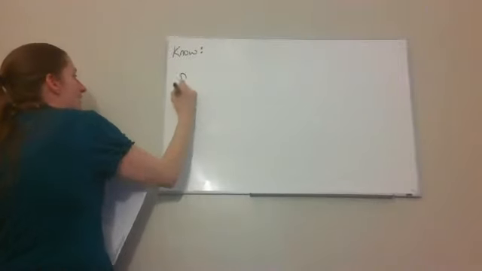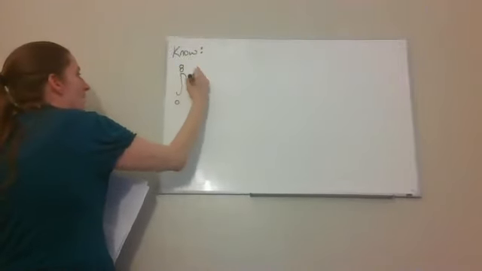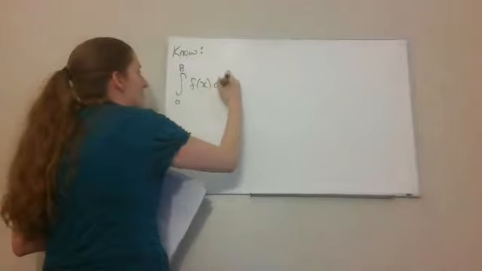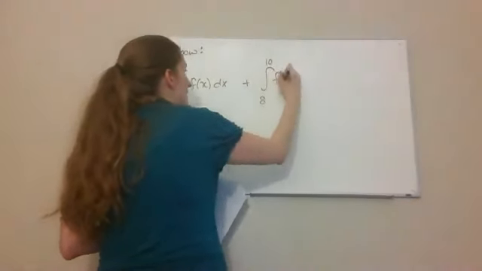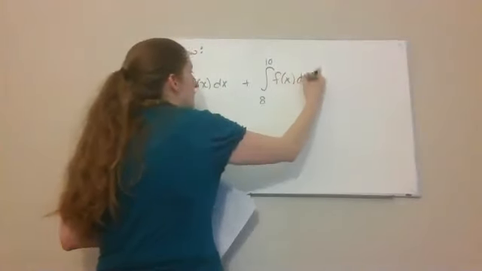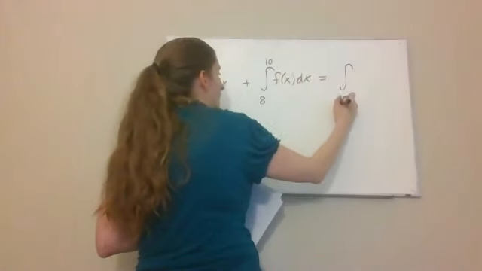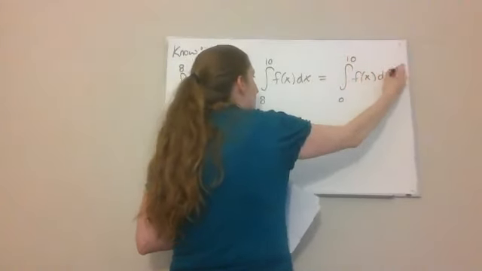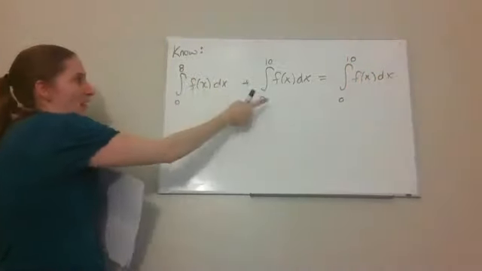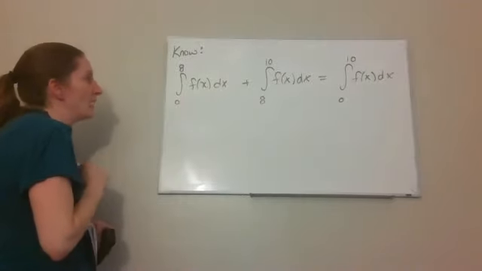So what I know from our properties, it was property 6, I believe, on that list. We know that the integral from 0 to 8 plus the integral from 8 to 10 should be equal to the integral from 0 to 10, because I have this 8 and that 8 matching on my bounds.